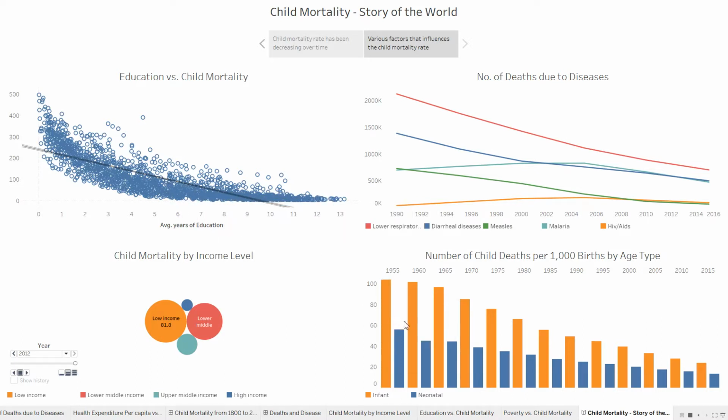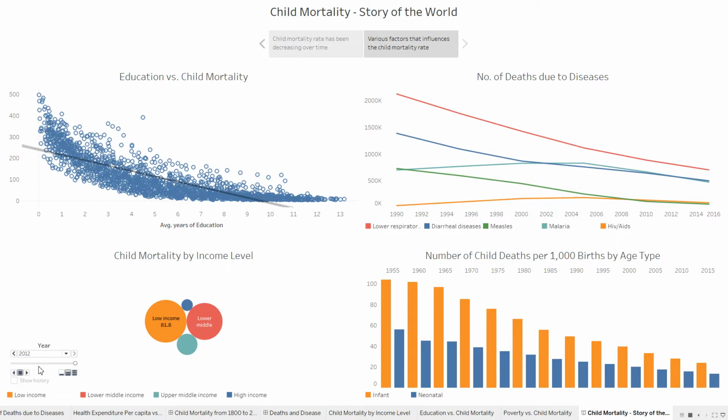This graph shows you the number of neonatal child mortality as compared to the infants. We can see that both the infant and neonatal mortality rates are reducing over time.